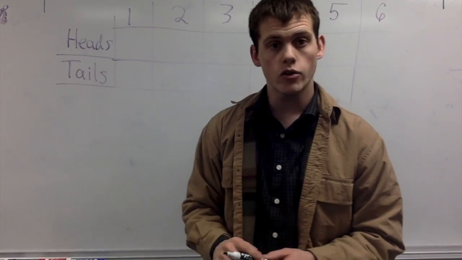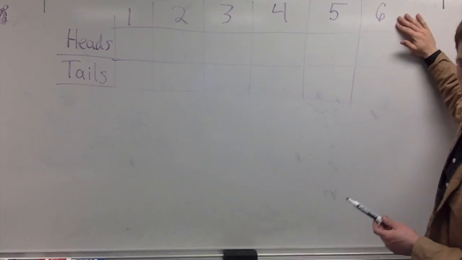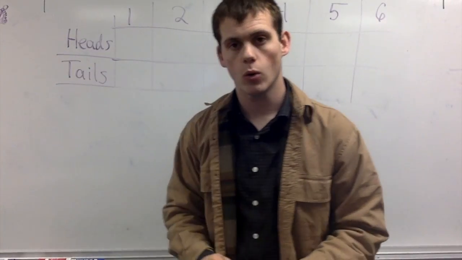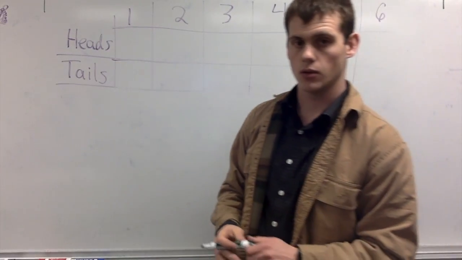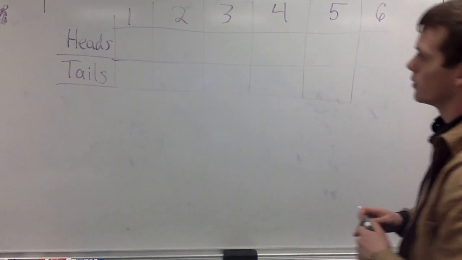Whereas, if you read your description, it says the number of options from dice, so we rolled a dice, and if we flipped a quarter, so heads or tails. We're going to find the compound events that happened.